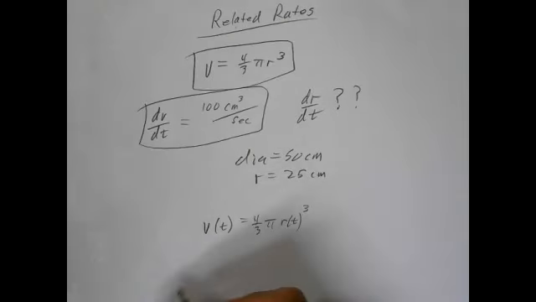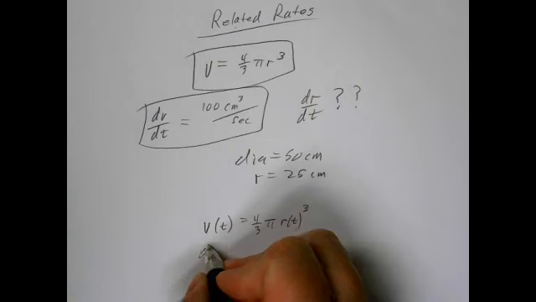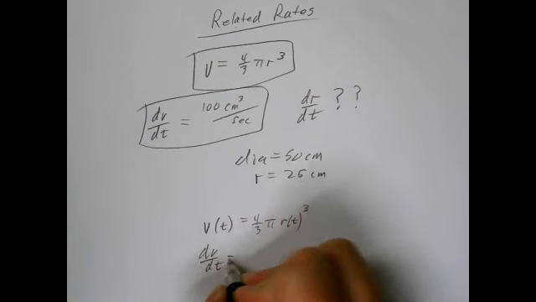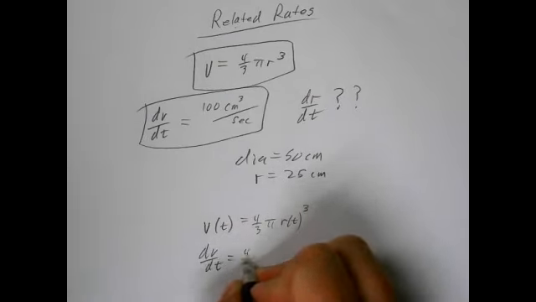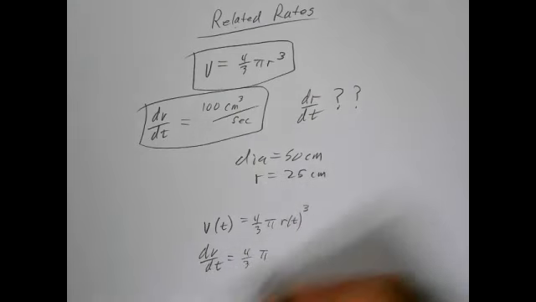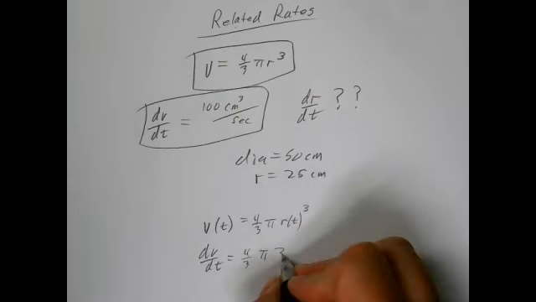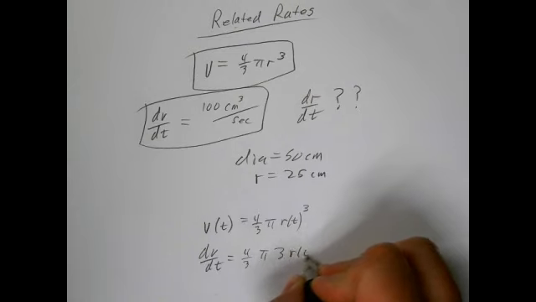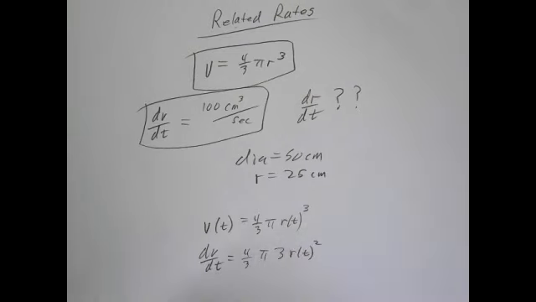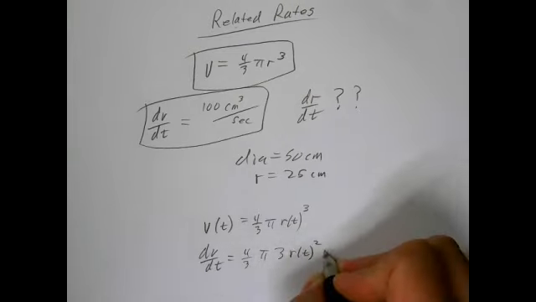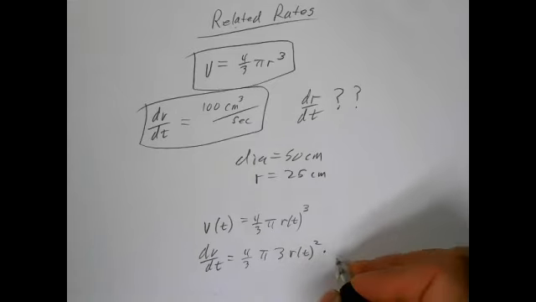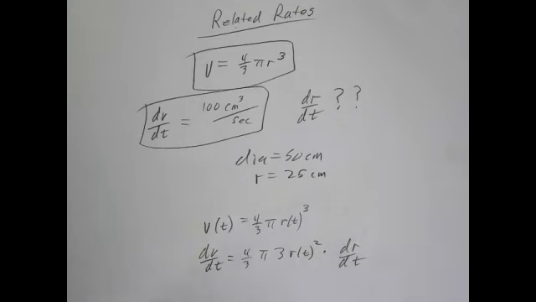So differentiating with respect to time, dV/dt will equal 4/3 pi. Using the power rule, 3 comes down, r of t drops to the second power, and then the chain rule says times dr/dt.